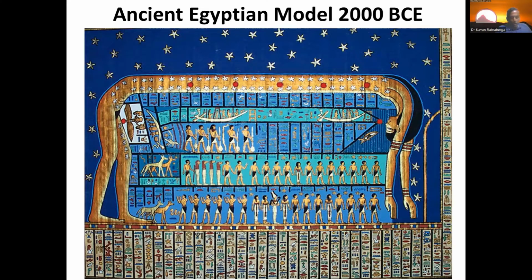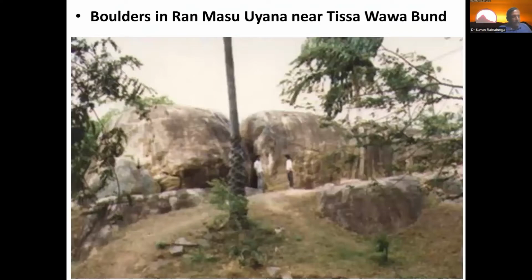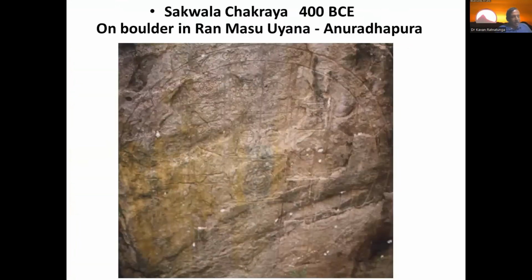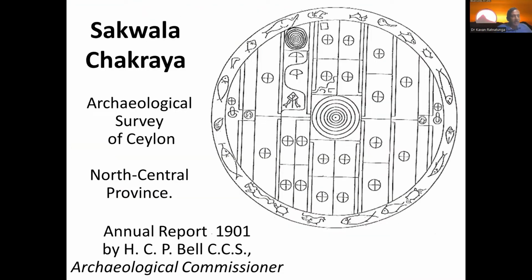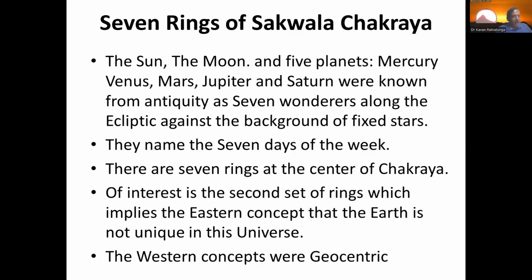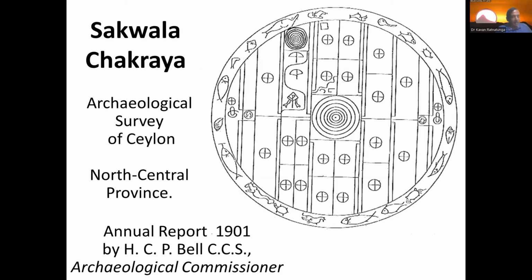If you go to Sri Lanka, we have this Tisavava, where there is a huge carving 6 feet in diameter, which is quite interesting. This has been called the Sakwala Chakraya, and there have been a lot of misinterpretations of this. But it basically has 7 rings in the middle.